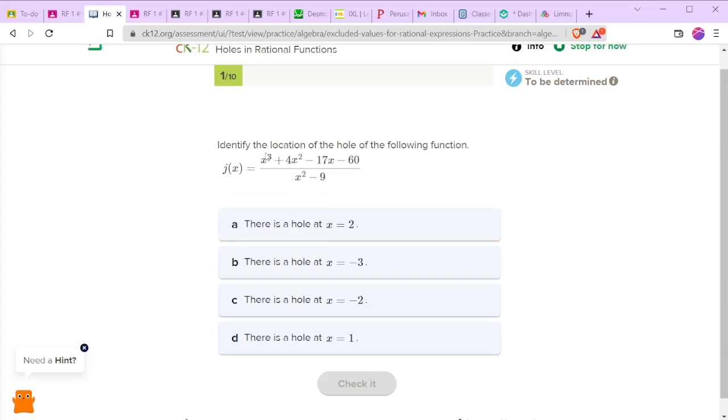And we want to identify the location of the hole of the following function. The x squared minus 9 means this factors as x plus 3, x minus 3. If we have a hole, that means at least one of those factors cancels, and those are the only two possibilities.